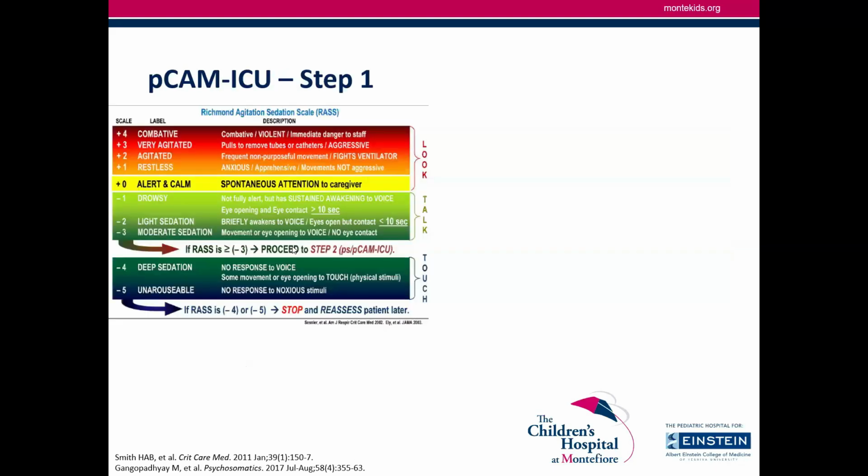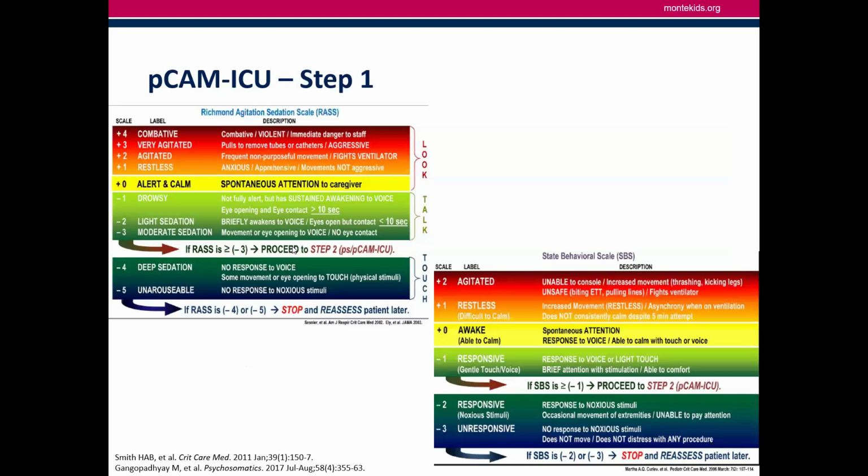So when looking at the PCAM-ICU or the PS CAM-ICU, step 1 is the same for both. On the top left, you can see that the Richmond Agitation Sedation Scale is incorporated. And in the bottom right, you can see that the SBS score or scale is incorporated.